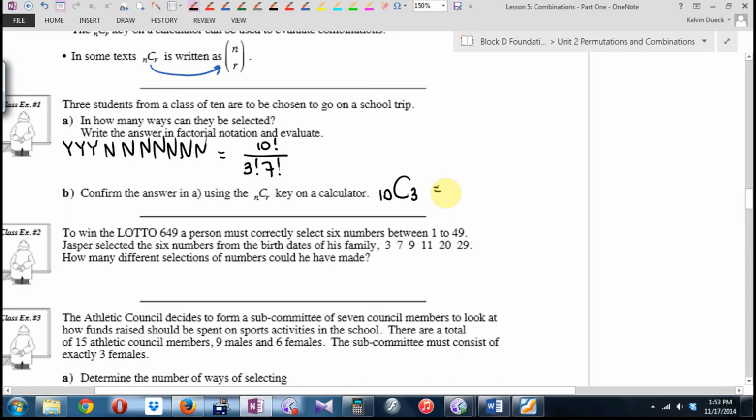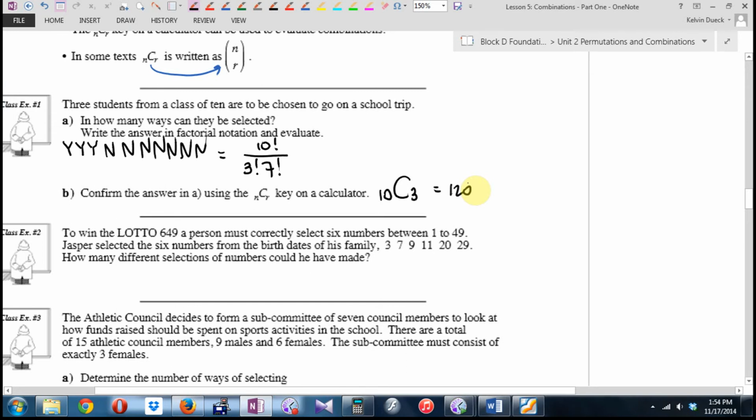I would use the 10 choose 3 myself. What do you get? 120? There's 120 different ways from a class of 10 that 3 kids can go on a trip.